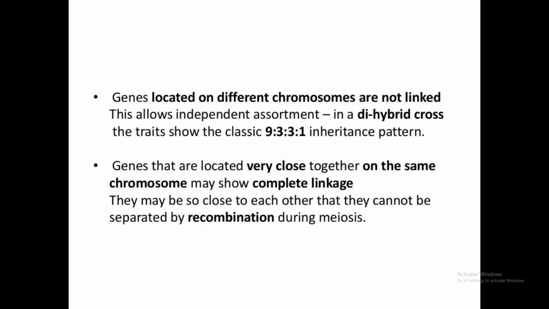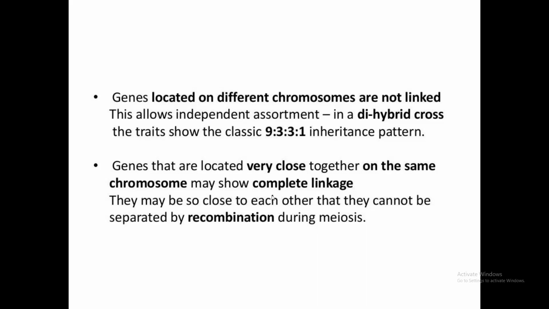What does that mean? If the genes are present on different chromosomes, they are not linked, and we can get the ratio 9:3:3:1 as they show independent assortment. If the genes are located very close on the same chromosome, they show linkage. When they are very close to each other on the same chromosome, we call them completely linked.